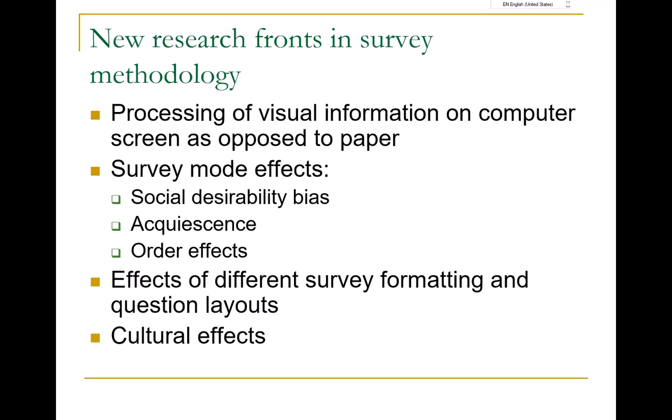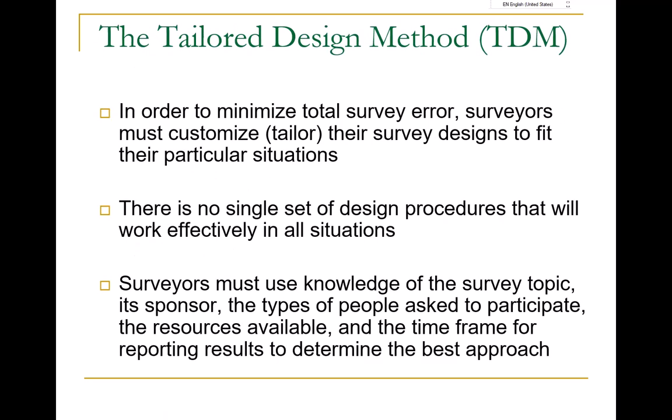So other topics that differ between types of surveys are order effects, or how the sequence of questions influences the responses, and the processing of visual information can be different between paper and screen. These areas of research are critical in refining methods and improving the validity of surveys.